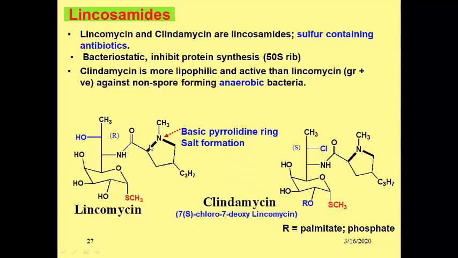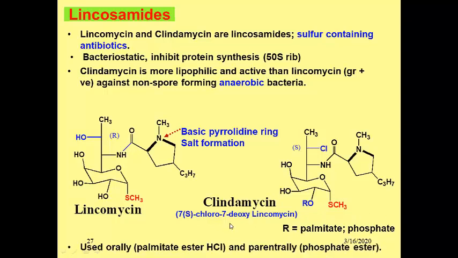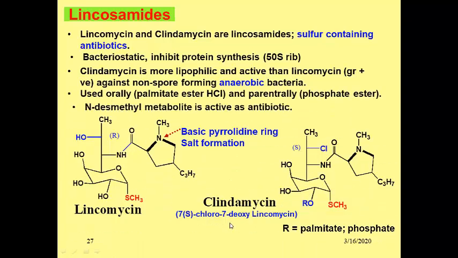The structure contains pyrrolidine, a basic nitrogen, so we can make salts. The structure also contains sugar OH, so we can make esters: palmitate, water insoluble, or phosphate, water soluble. N-demethylation in both results in active metabolites.